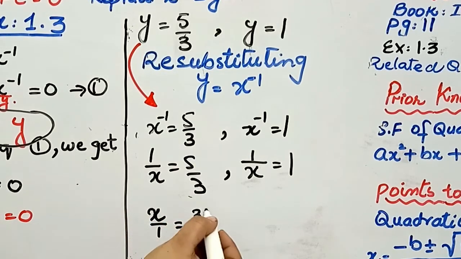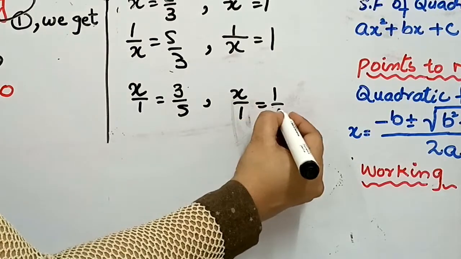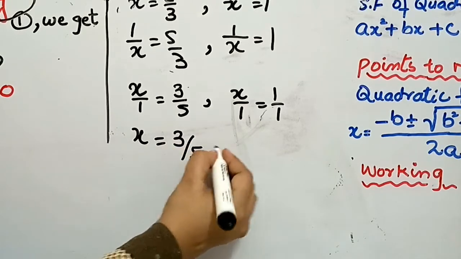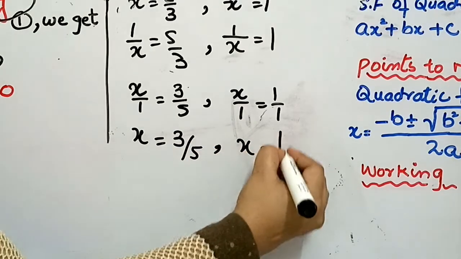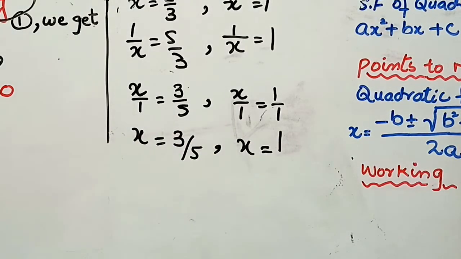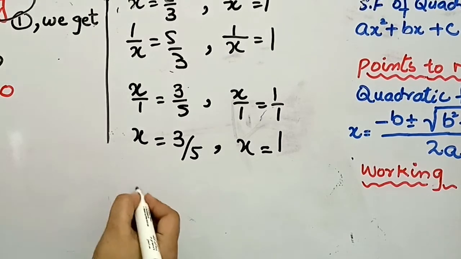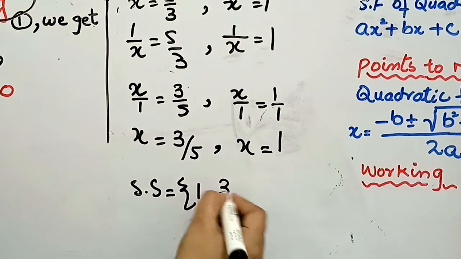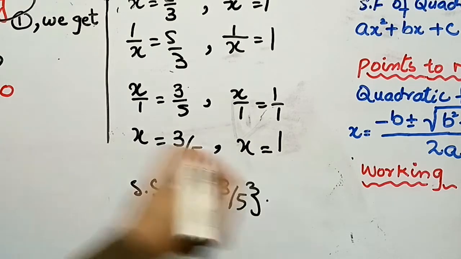Here also the numerator becomes the denominator and the denominator becomes the numerator. X by 1 is equal to 1 upon 1. So here x is equal to 3 by 5 and x is equal to 1. Hence the solution set is 1 and 3 by 5.